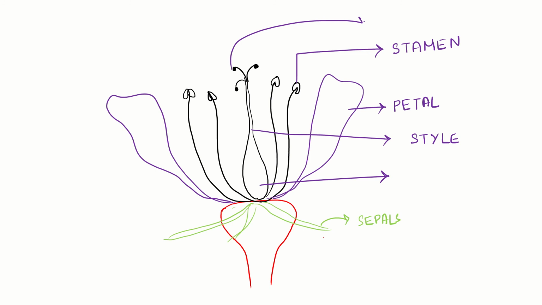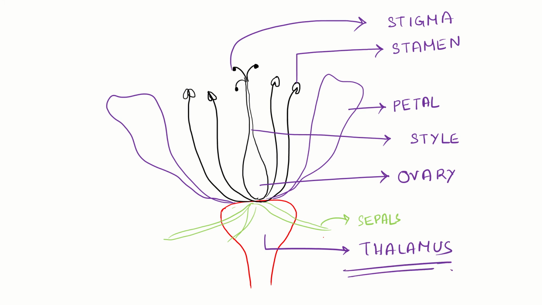This one is stigma. This is what? This is the ovary. This one is the thalamus. See, so the thalamus is actually holding the accessory and the essential whorls.